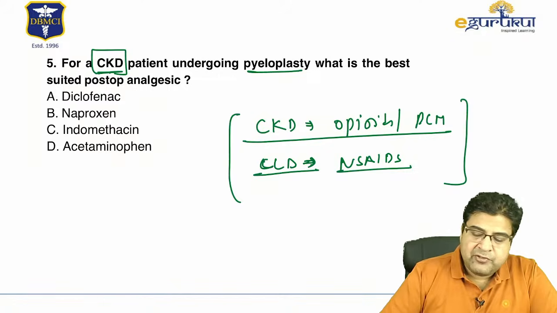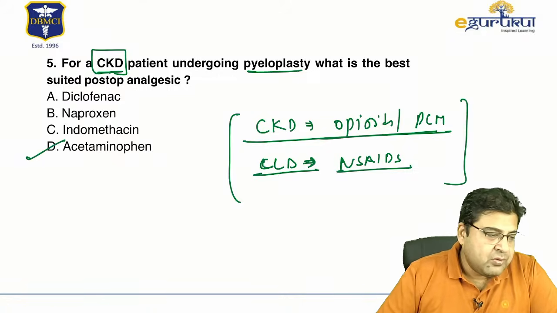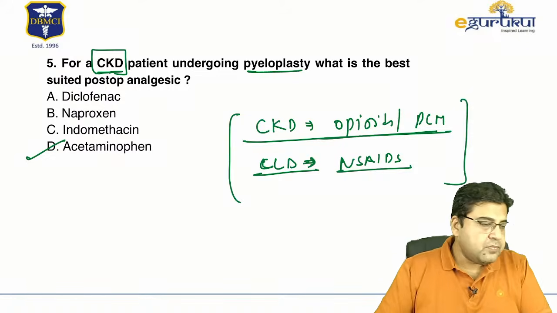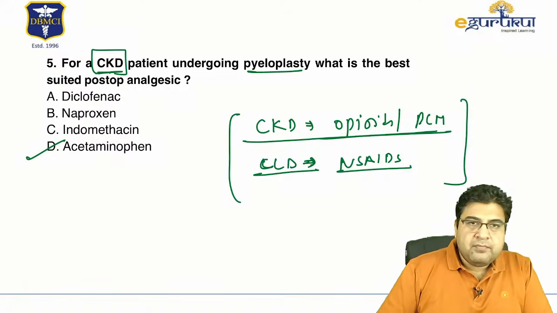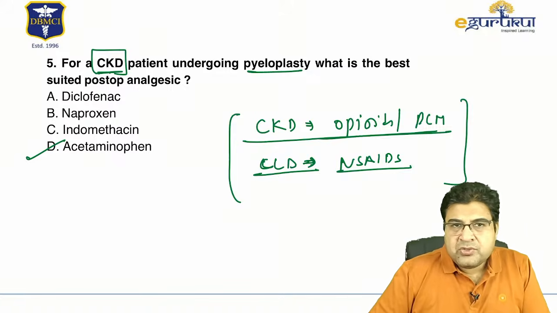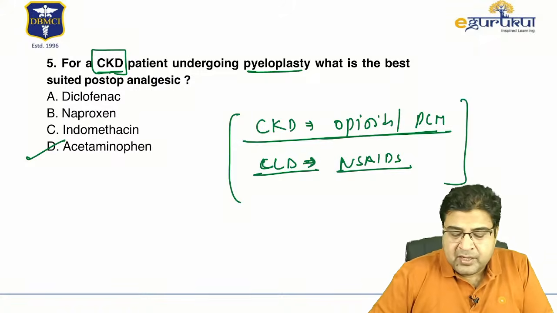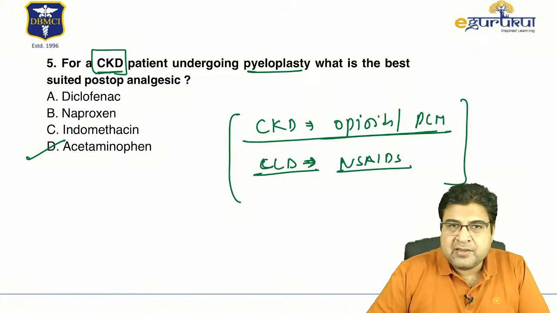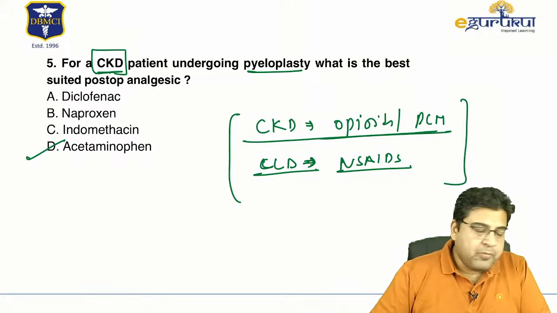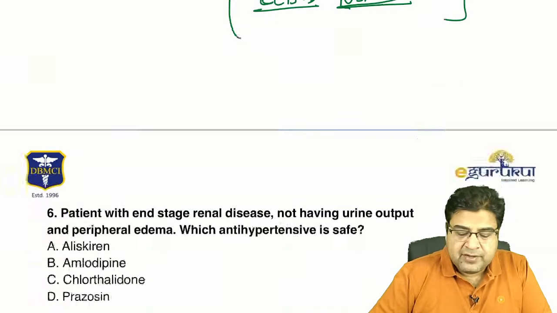For CKD patients, best painkillers are opioids and paracetamol. This patient is a case of CKD, so they are asking which painkiller is the best. Answer is acetaminophen. Paracetamol is the best painkiller in CKD. So opioids and paracetamol are safe in CKD. NSAIDs are safe in liver disease.